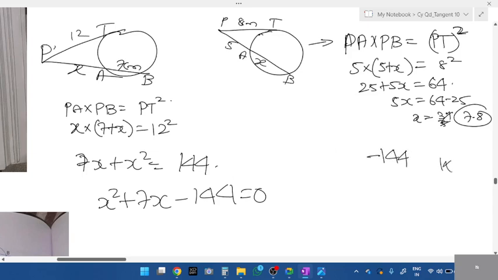Factorize minus 144. So this combination should give you 7x. Check which combination gives 7x.